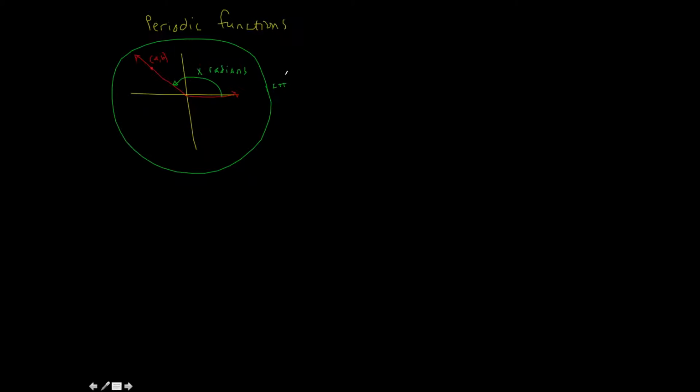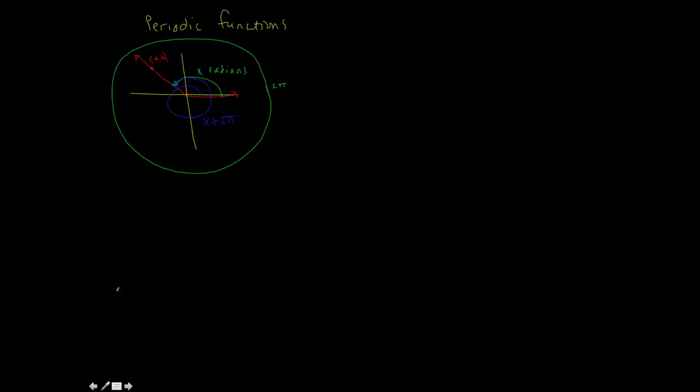that means that x plus 2 pi would be this right here. If we went here and then all the way around again, that would be x plus 2 pi. So the radian measure of x plus 2 pi also has that same point on its terminal side.